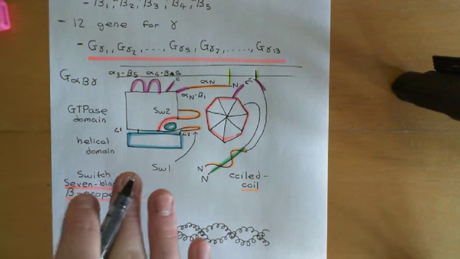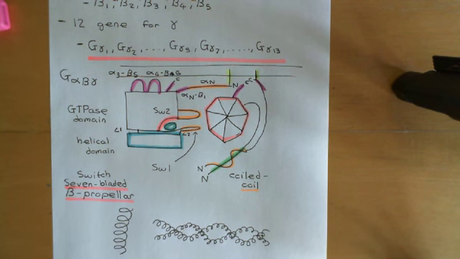We don't have enough information with this picture to understand that yet. To understand that fully, we need to look at the entire structure of the heterotrimeric G protein.